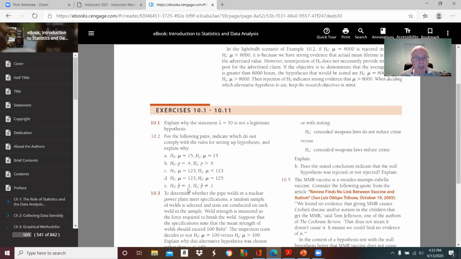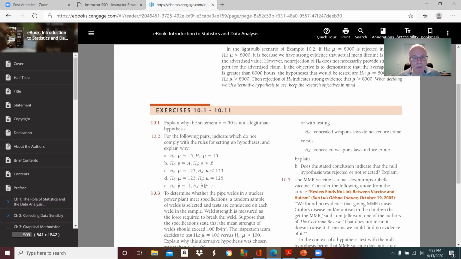And finally, with E, it says p hat. The null says p hat is equal to 0.1. The alternative says p hat is not equal to 0.1. Well, the 0.1s match. The equal to is okay here. The not equal to is okay here. What's bad about this hypothesis is that you have p hat here. We never test sample statistics.